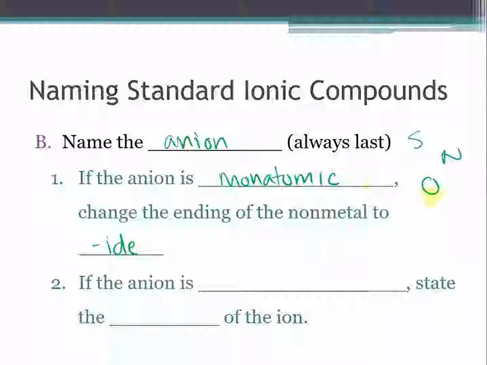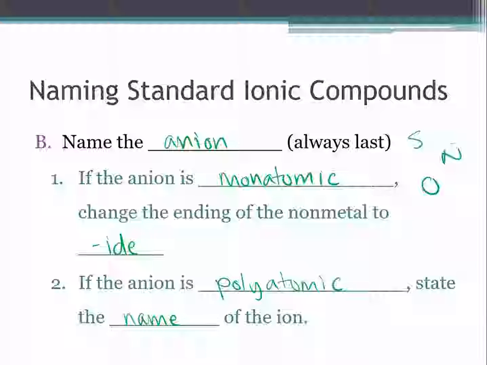So instead of oxygen, you would say oxide, and instead of sulfur, you would say sulfide. That's if it's monatomic, one single thing from your table. If it is polyatomic, something like phosphate or nitrate or bromite or perchlorate, just identify the ion and state its name. Just name the ion.